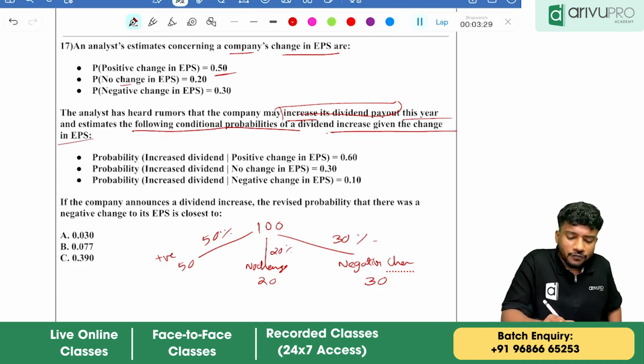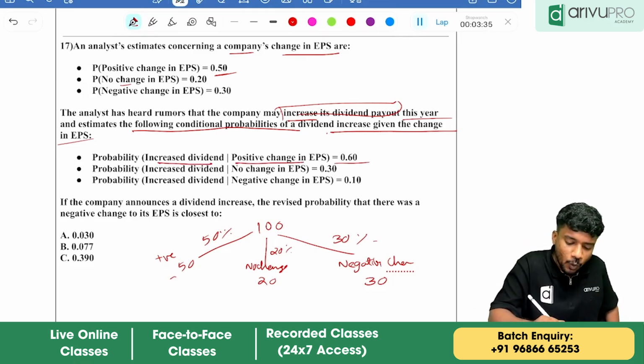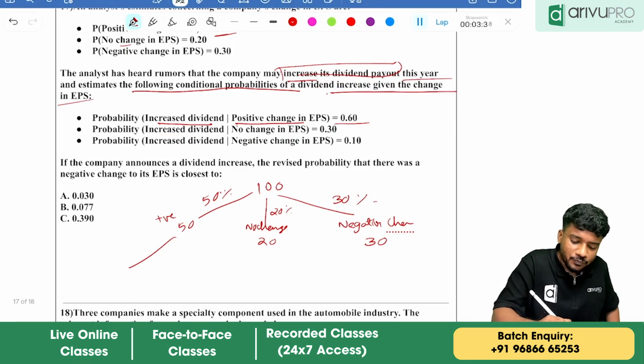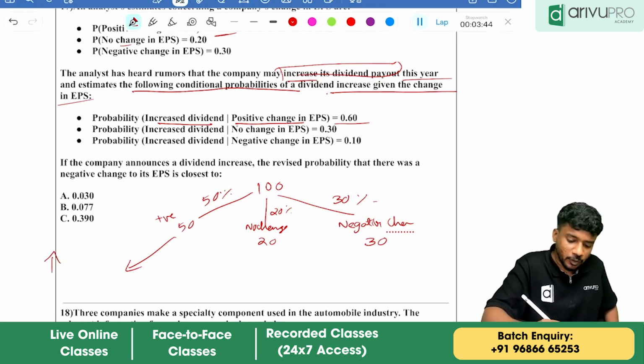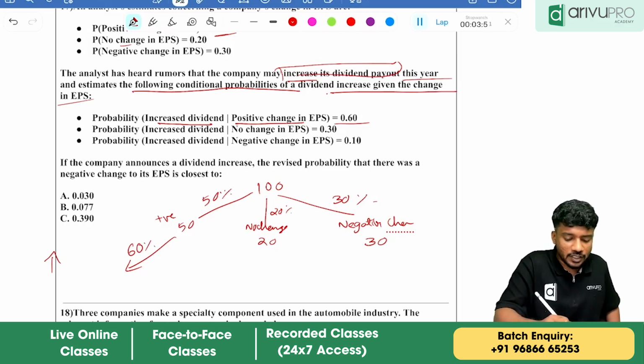Probability of increased dividend with positive change in EPS is 60%. That means 60% of 50, which is how much? 60% of 50 is 30.